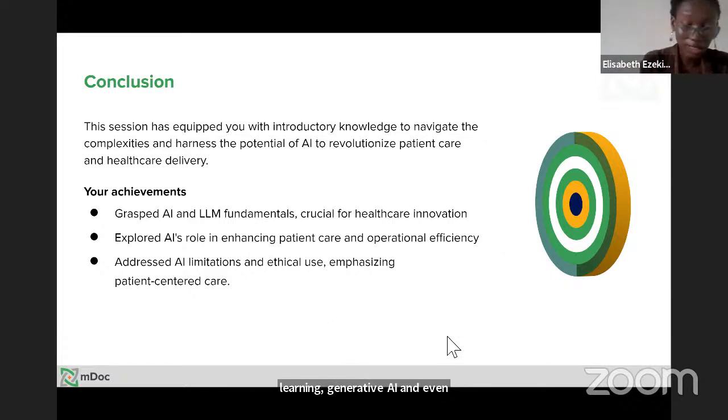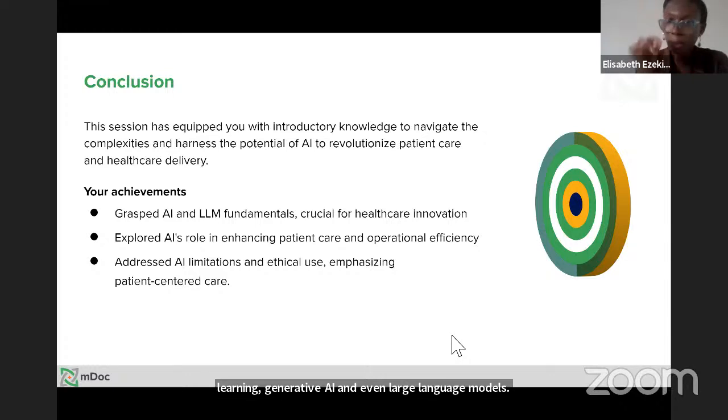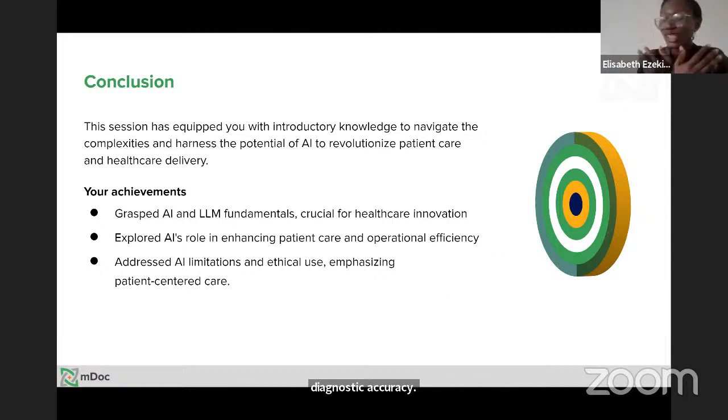So we've explained these fundamentals, how they are very important. We also emphasized that we cannot do without data, that data is very crucial for AI deployment and healthcare innovation, right? We also explored AI's role in enhancing patient care, operational efficiency, diagnostic accuracy, even providing self-care support for patients. The use cases of AI are limitless from what we've seen from this presentation.